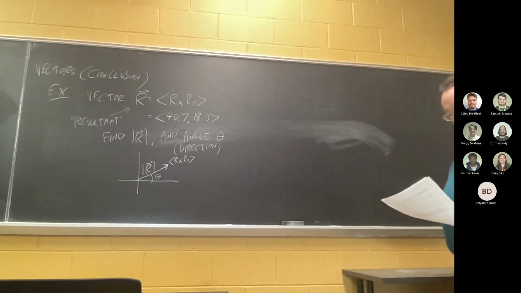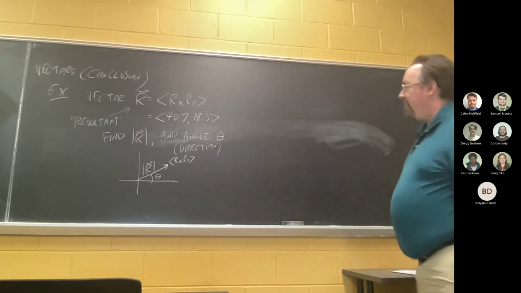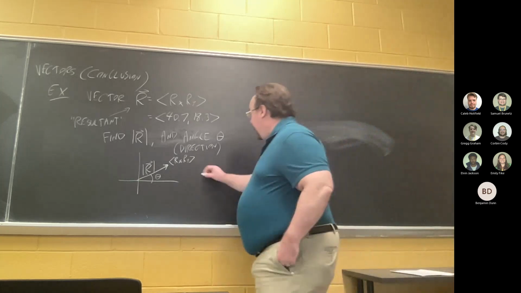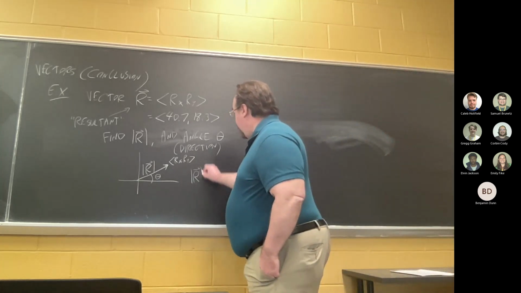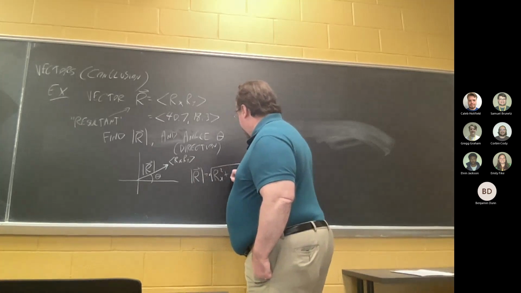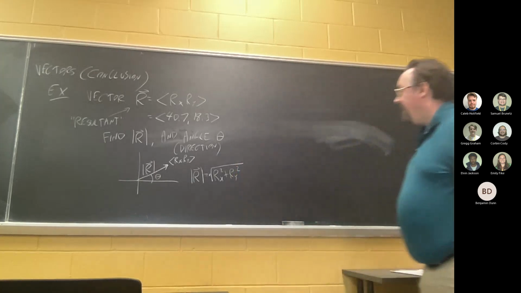I gave a formula for this last time, but I wanted to see it worked out in an example. So the magnitude of R is the square root of a sum of squares of all the components.